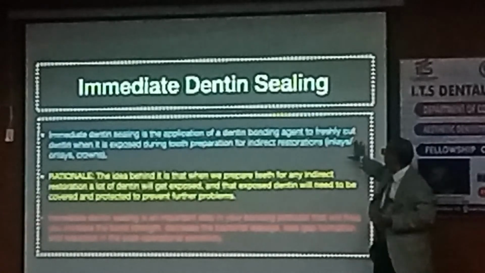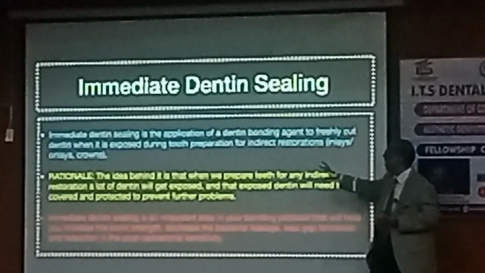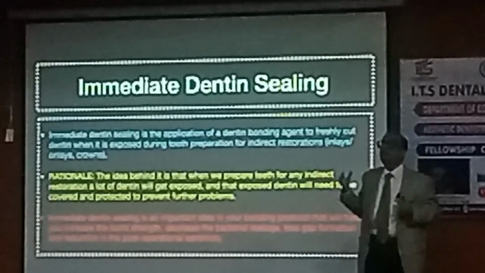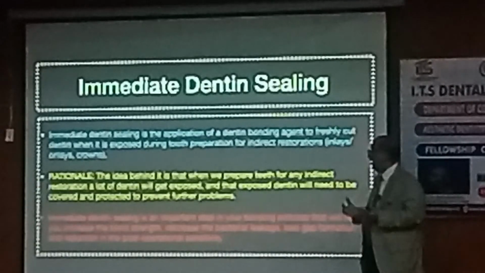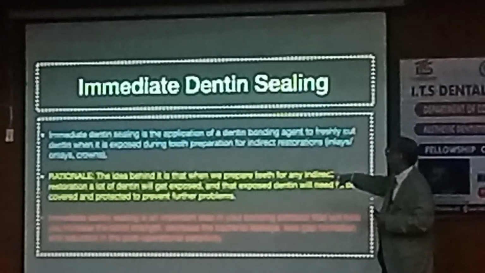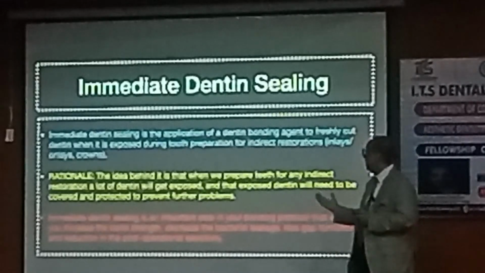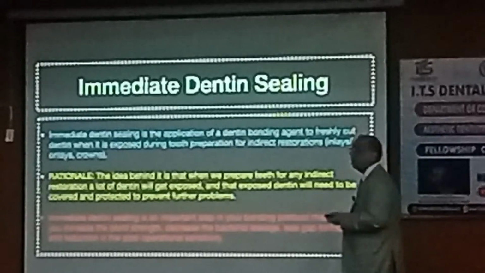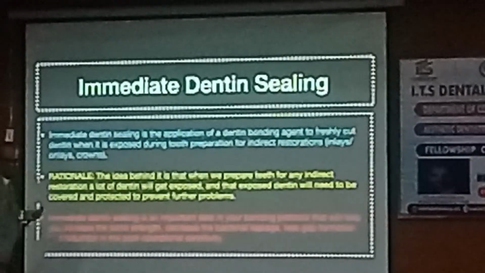The moment you put it to freshly cut dentine during tooth preparation for indirect restoration, inlays, onlays or crowns, the chances of the underlying pulp getting irritated from the dentine, some stimuli, is reduced. The idea being that when we prepare the tooth for any indirect restoration, a lot of dentine will get exposed, and that exposed dentine will need to be covered and protected to prevent further problems, right?